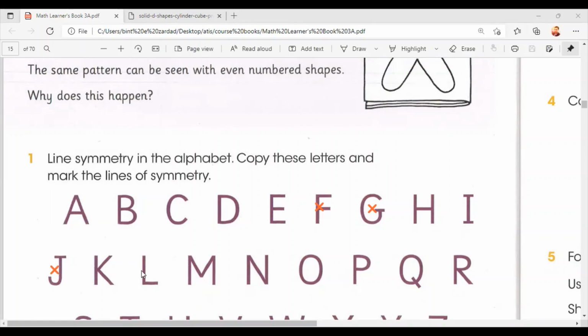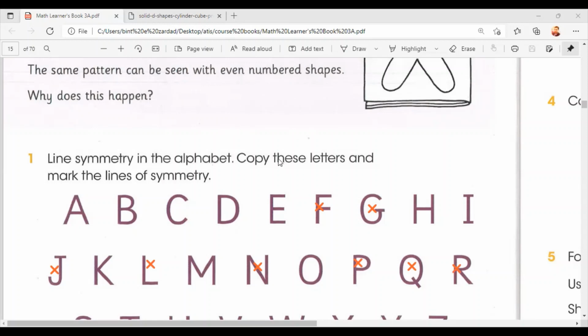What about L? We cannot divide it into two equal parts. M, N: M we can, but N not possible. O possible. P no. Q, R not possible.